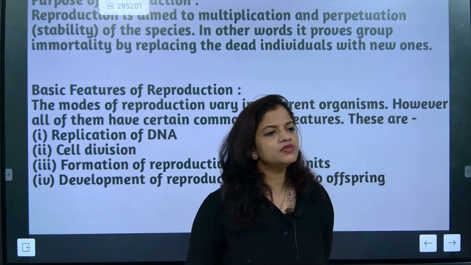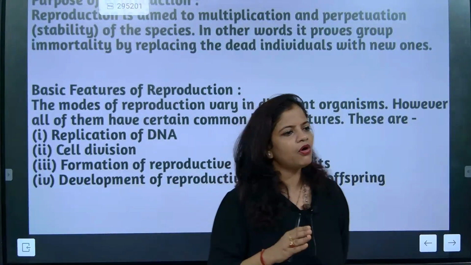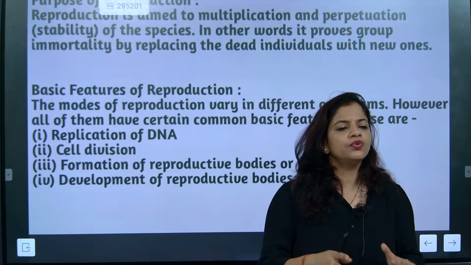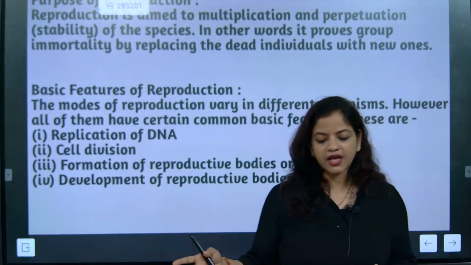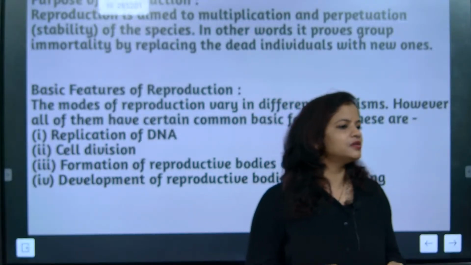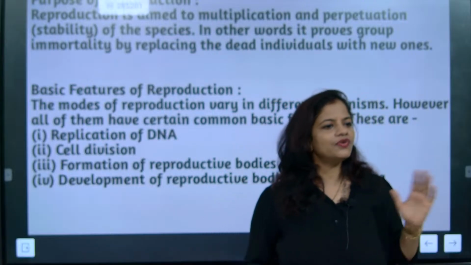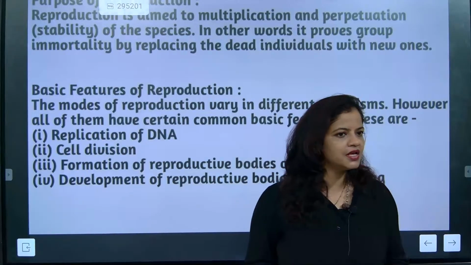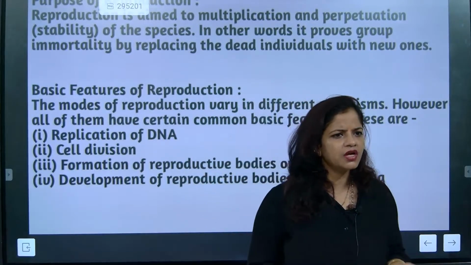Unicellular organisms means the organisms which are composed of only one cell. That is exactly called a unicellular organism. So unicellular organisms survive with one cell only, and they also have to reproduce, because their existence is there. Life originated on earth with a unicellular species only, understood or not?